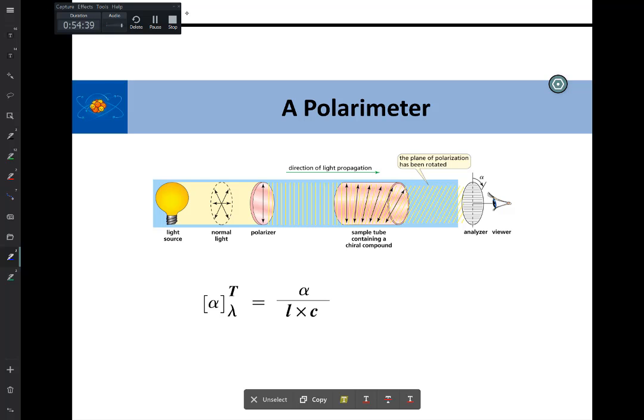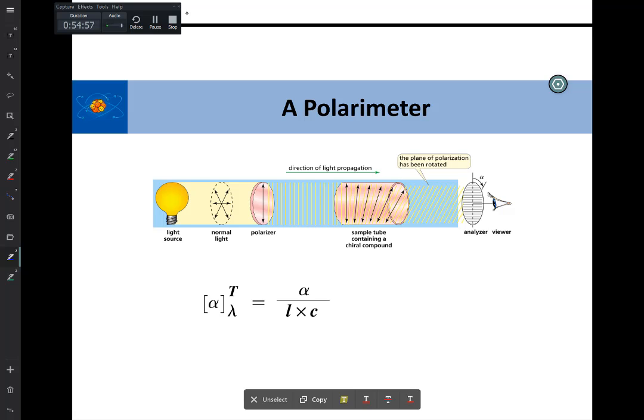It depends on the path length, and it depends on the concentration. Those are the three things it depends on. So in practice, the way this is done is you take your polarimeter with nothing in it.